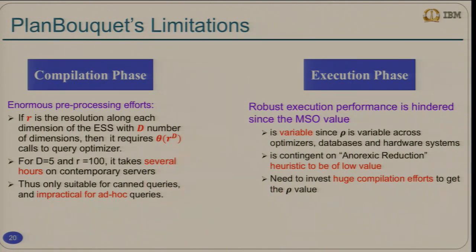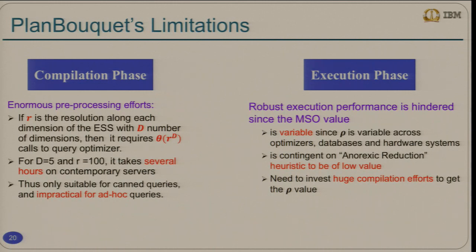And I'll gloss over that particular point, it makes use of a particular heuristic in database literature, called anorexic reduction, which says that for that particular picture that I showed, the Picasso picture, if you just did the simplest thing, where at every point you take the optimal plan, that will have far too many colors.